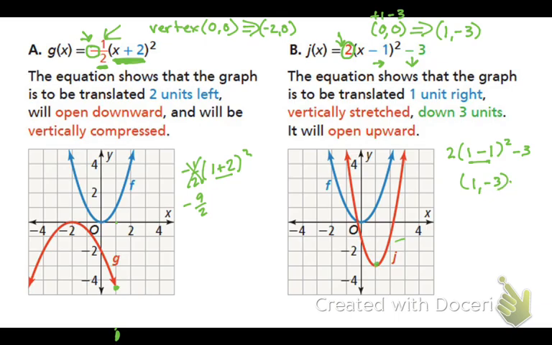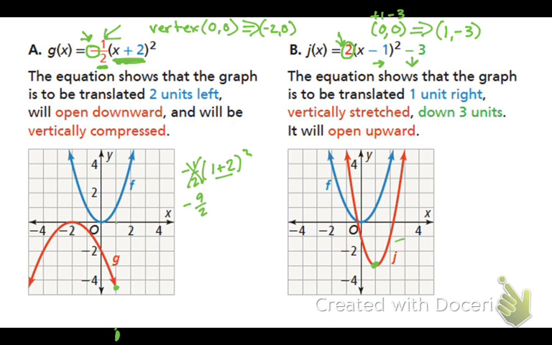But if I just plug in 1 without the 2, 1 minus 1 squared minus 3, I still get negative 3, because it moved it. That's not going to help you. I need a different number. Let's not do 1. That's what I get for plugging in the vertex.